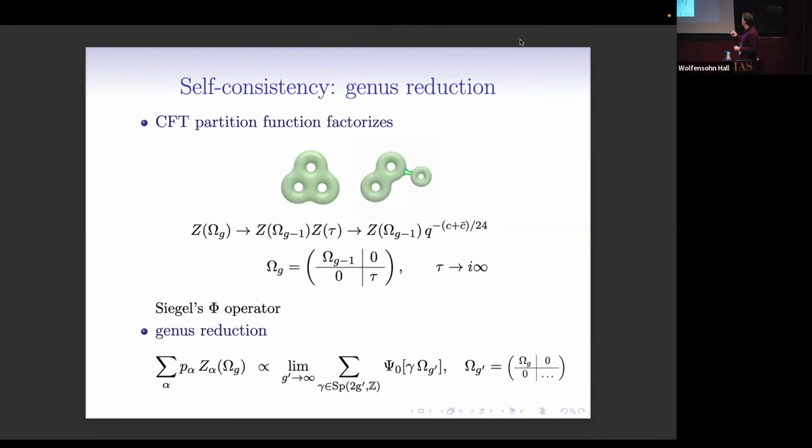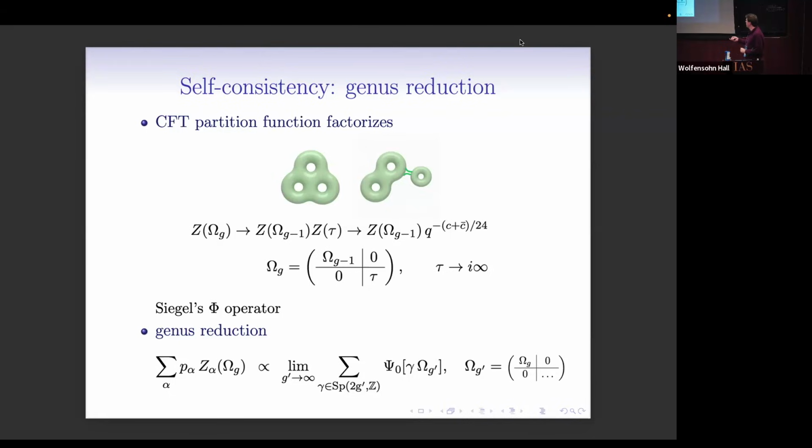Then, what I can try to do next is degenerate this torus into a circle. If I do that, the partition function on a torus will simply become a vacuum contribution. So something universal. At the level of a CFT, factorization is a completely straightforward thing. But apparently, what is simple on the boundary side will be somewhat non-trivial on the bulk side.